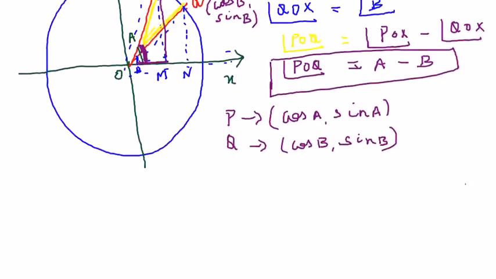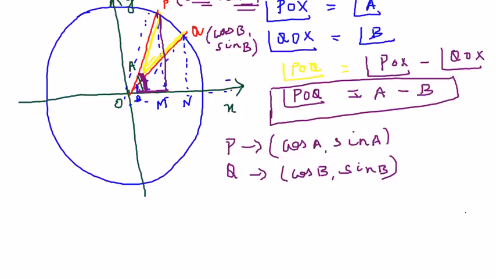Now you have to make a few assumptions. Let i vector and j vector be the unit vectors along the x-axis and y-axis respectively. Therefore, to find OP, if I take triangle OPM, OP is nothing but OM plus MP.